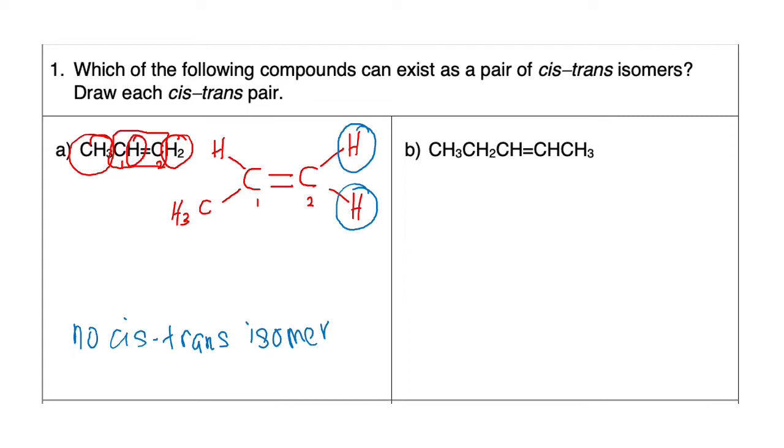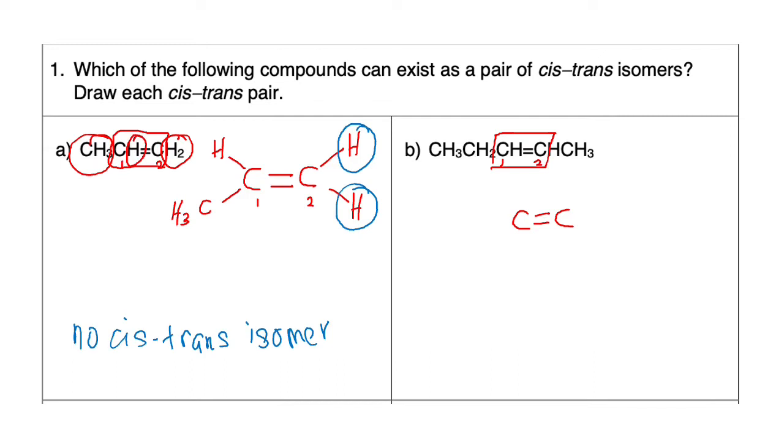Now let's take a look at question B. Okay, for question B, again, first we identify the C double bond, which is this one. And then we open it, C double bond C. As usual, C1, C2. So let's take a look.